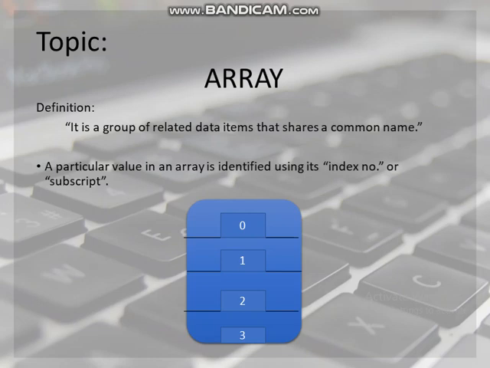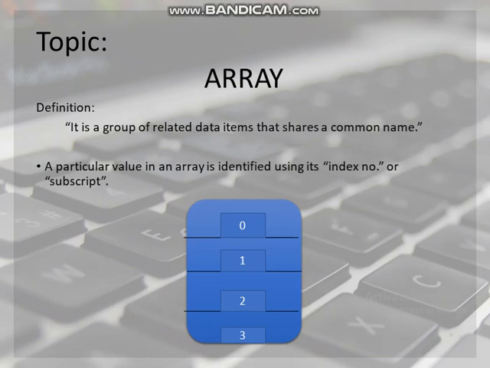You can see a container at the bottom which has four sets. An array is like a container in which we put values of the same type. Suppose there is a group of related data items that share a common name.